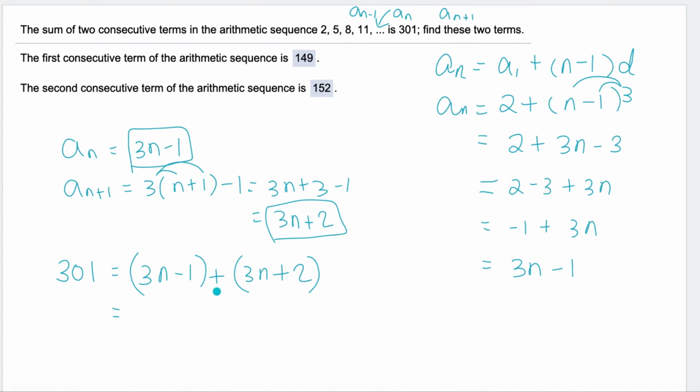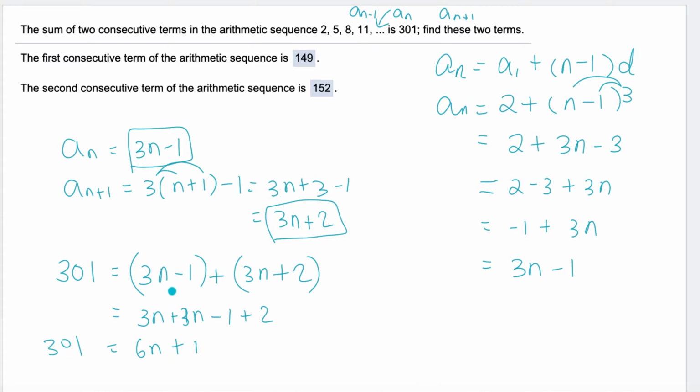So when you are adding them together, you can use commutative property. So we can do 3n minus 1, plus 3n. I'm moving this here and moving that the other way around. Plus 2. So you have 6n plus 1.